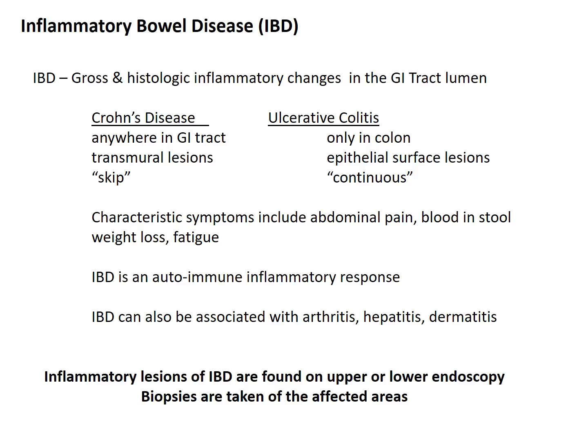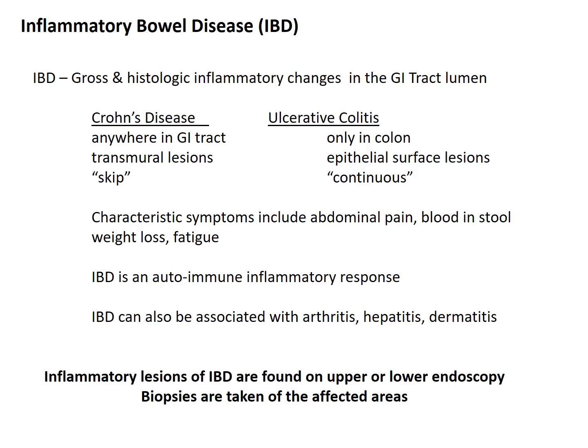Crohn's disease has what's referred to as skip lesions. So you have a segment which is affected, then a normal segment, then a segment which is affected, then a normal segment. Whereas in ulcerative colitis, the segment is affected continuously. You don't see those skip lesions. And again, most of the time that's confined just to the colon, particularly the distal colon.